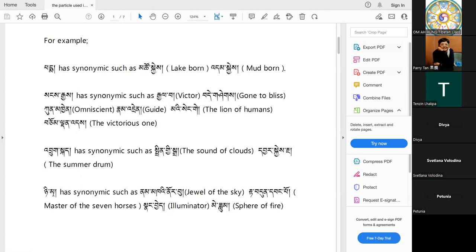And if you write Nima, you can only get 6 or 7 syllables. So you use these types of synonymics which have more syllables to fill that gap. So that is also one of the usages of these synonymic.